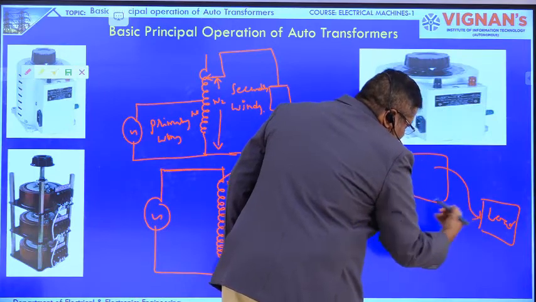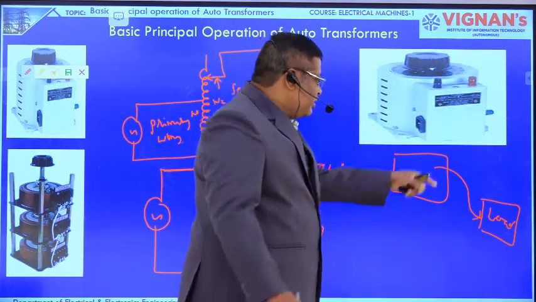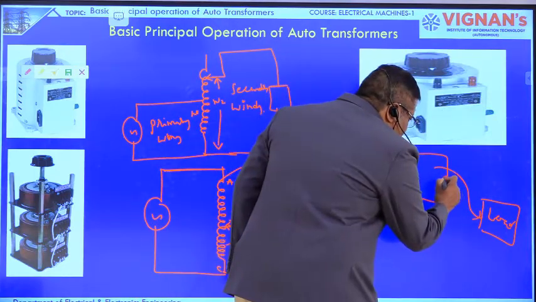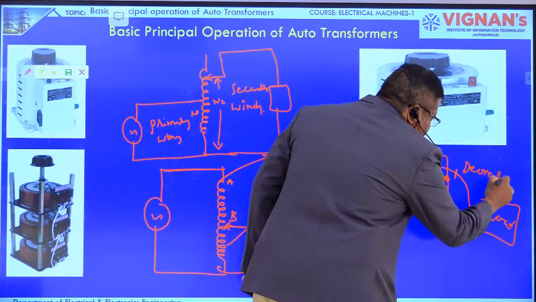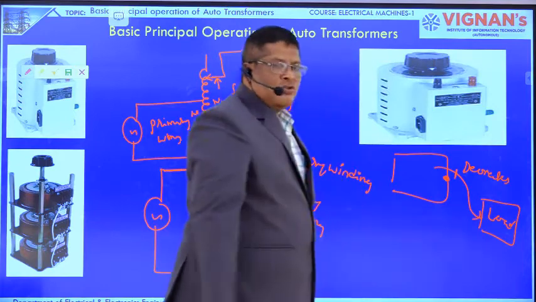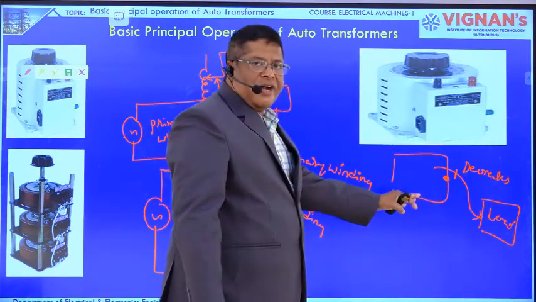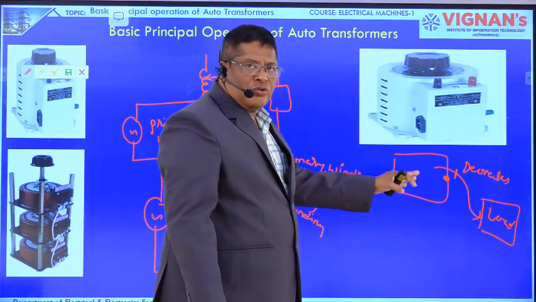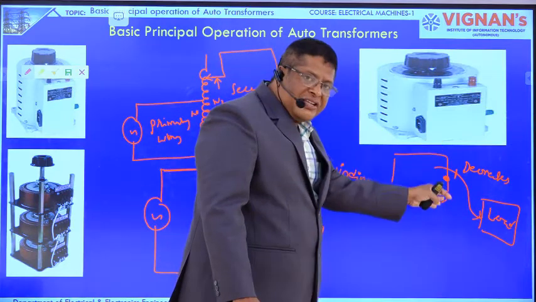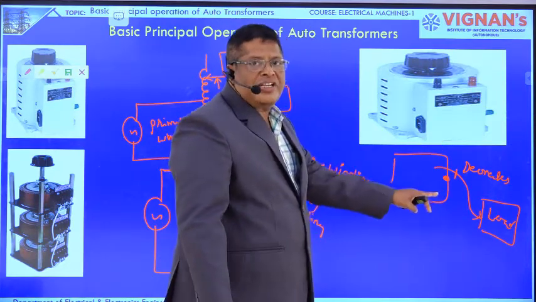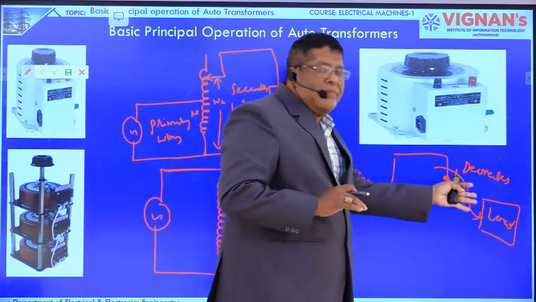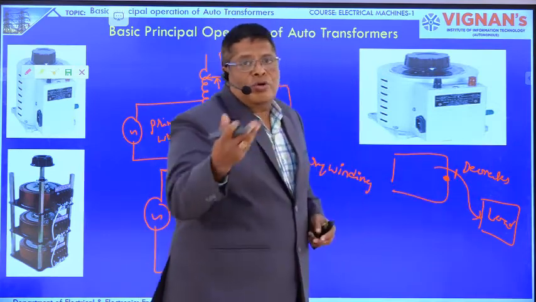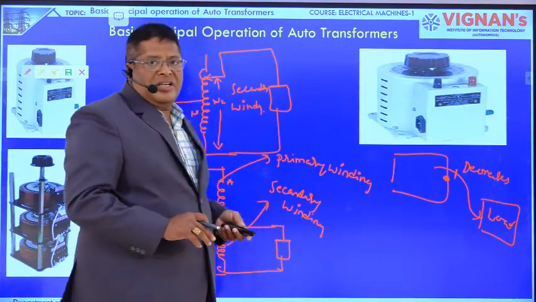As the load increases, the terminal voltage will decrease. By changing the variable point on the auto transformer, whatever voltage is decreasing will be compensated, so that a constant voltage will be applied to the load even though the load increases.